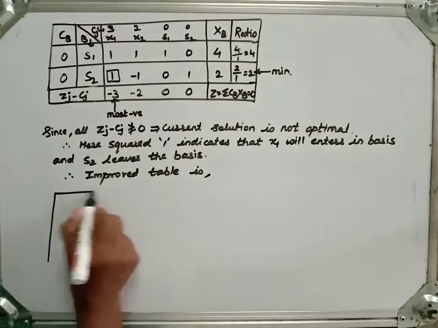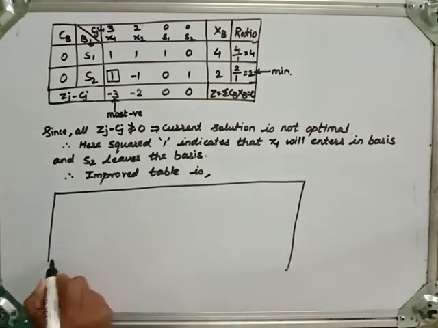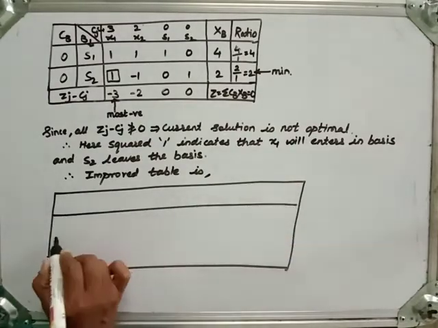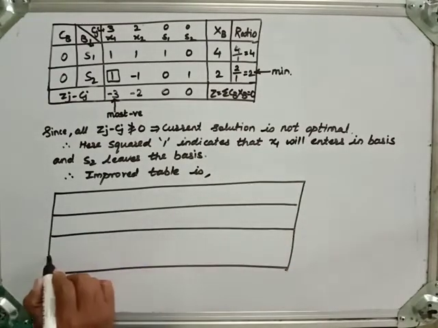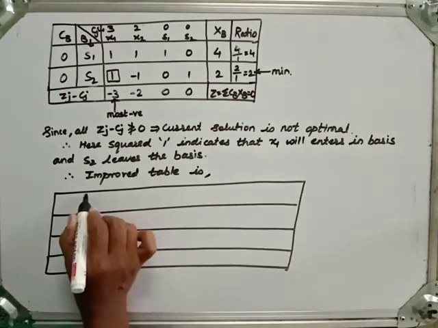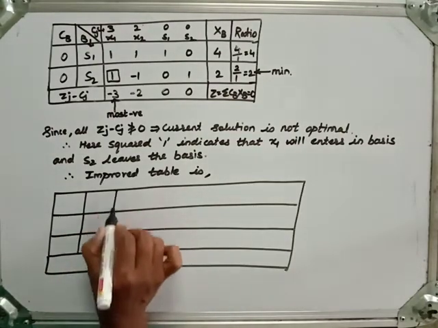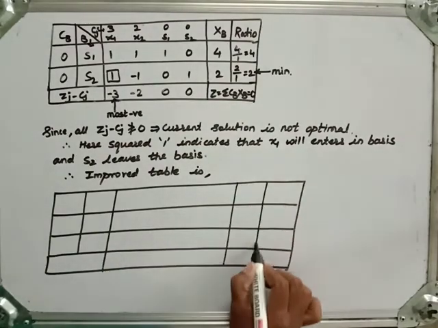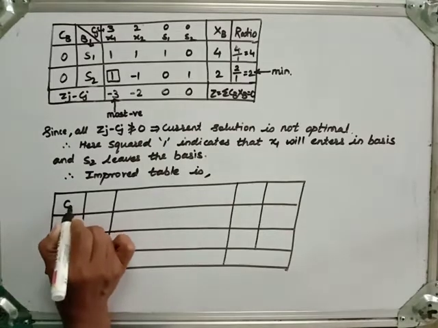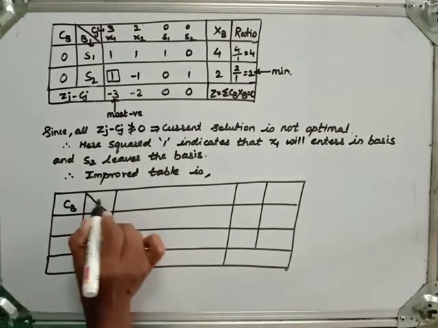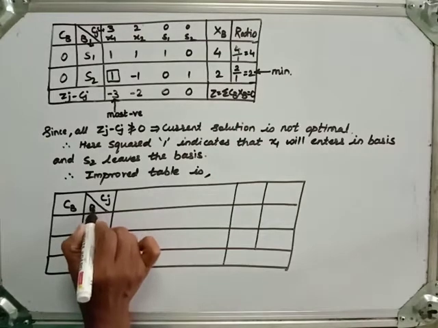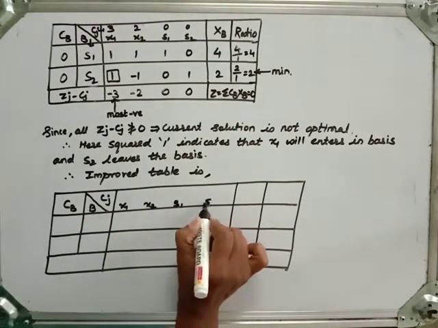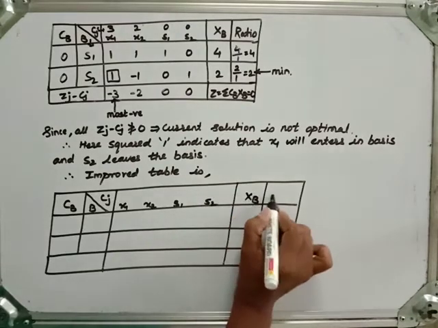So let me prepare a table first. CB, CJ, B, here x1, x2, s1, s2, xb, ratio.